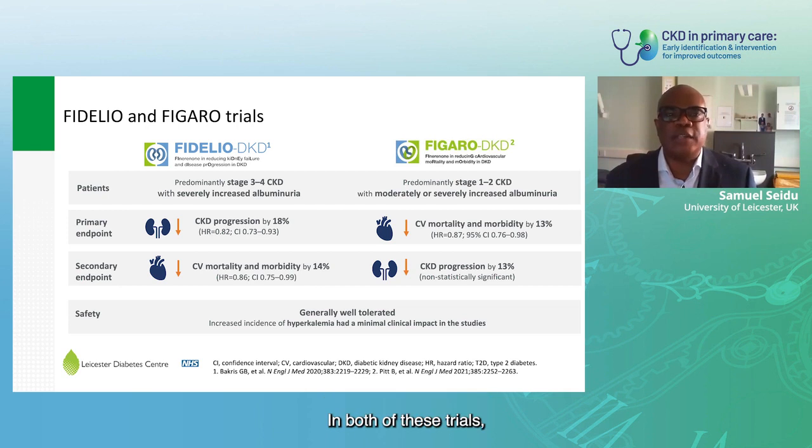And in both of these trials, statistically significant reductions were noted: 18% in FIDELIO-DKD and 13% in FIGARO-DKD. And both of these trials showed significant reductions in other secondary outcomes, CV mortality and morbidity, and CKD progression in FIGARO.